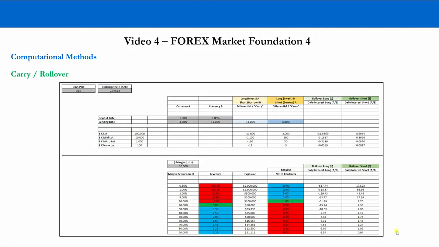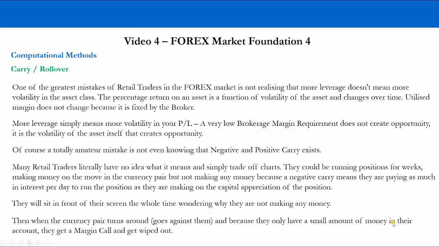So looking at these things and understanding and even just appreciating that they occur is just going to get retail traders out of bad habits. And we talked about this earlier. One of the biggest mistakes of retail traders in the Forex market is not realizing that more leverage doesn't mean more volatility in the asset class.